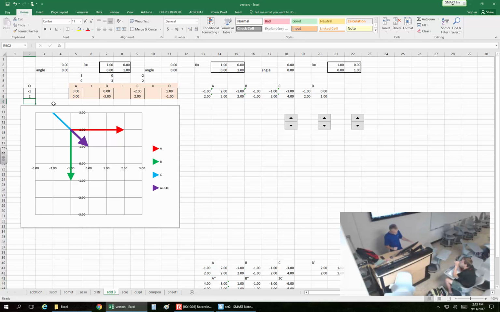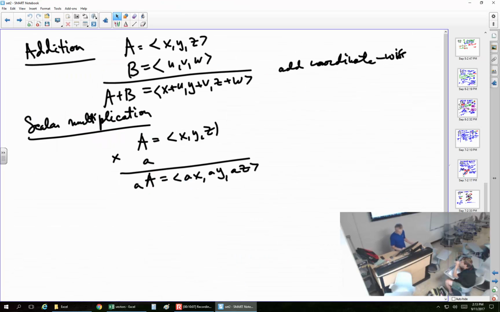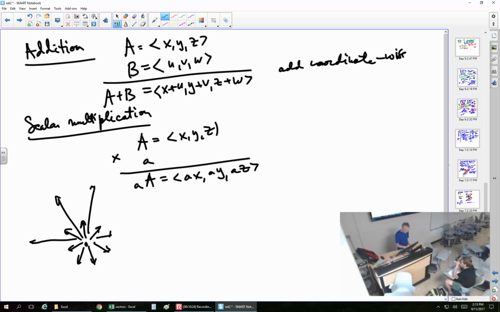So the picture is roughly like this. Every point has a collection of vectors starting at that point, infinitely many, of infinitely many lengths.